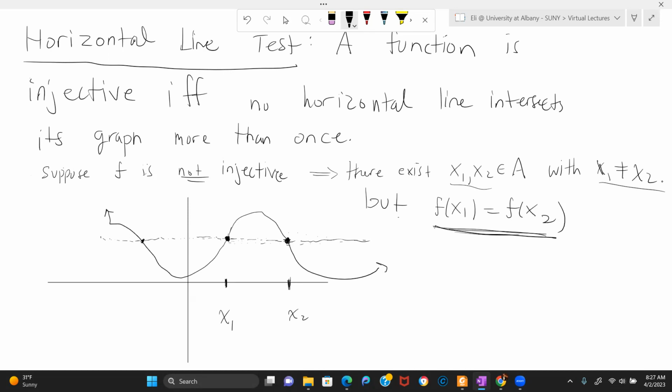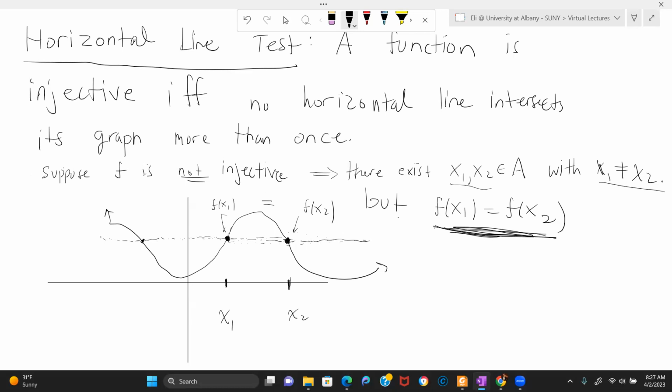But these 2 points are f of x1 and f of x2. And if they lie on a horizontal line, that means they have to be equal, right? So if you have a graph where this horizontal line passes through like this, then that implies your function is non-injective. So this works both ways.